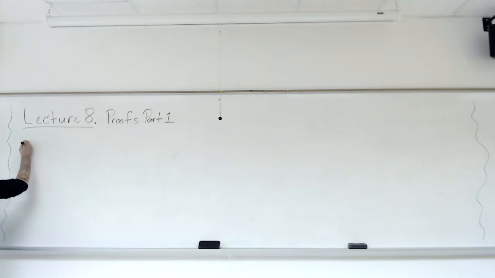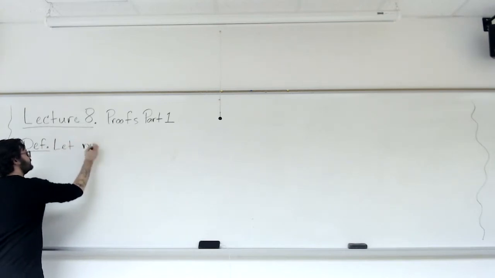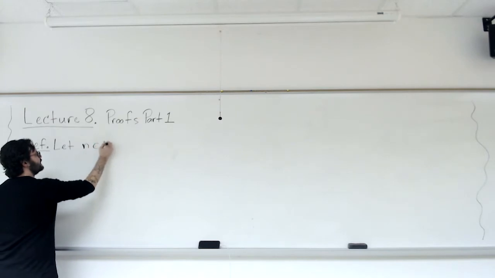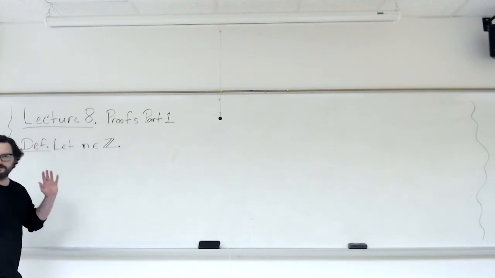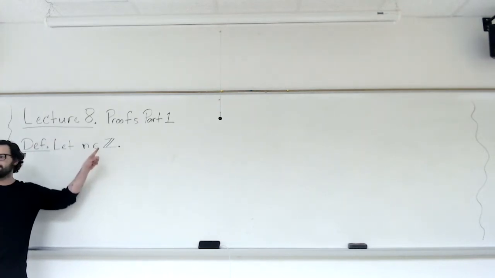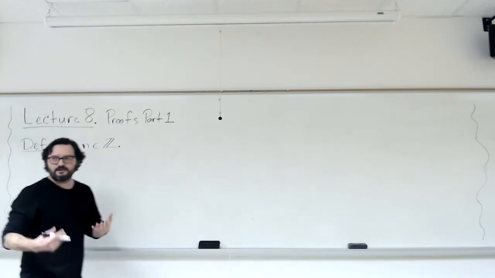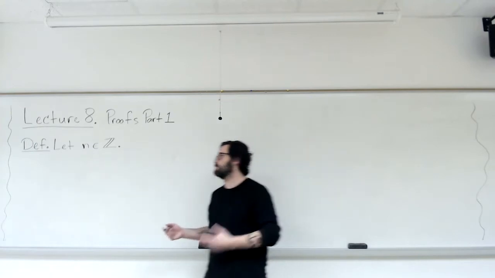Definition: let n be an integer. Okay, so again, this is notation I've used before. It just means that n is an element of the integers. And integers are positive and negative whole numbers. Okay, so n is just one of these positive or negative whole numbers.